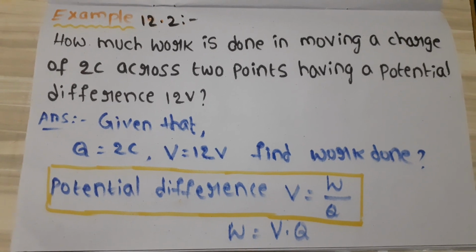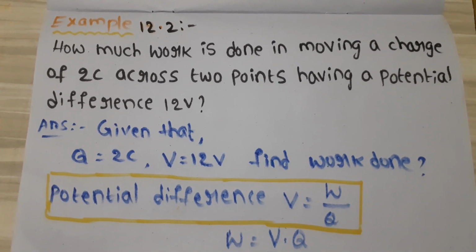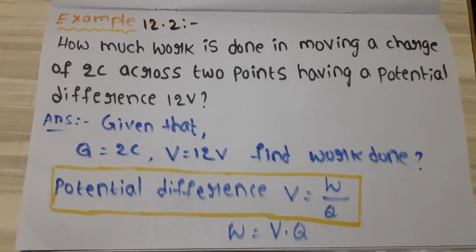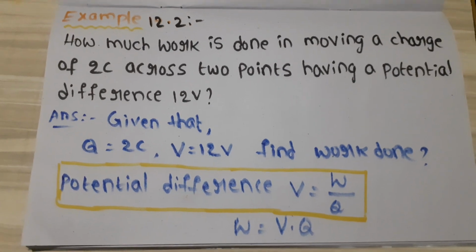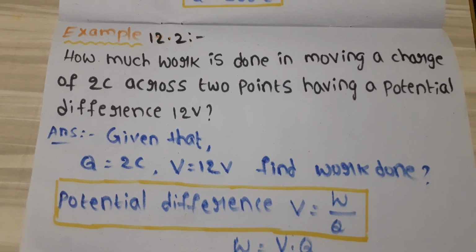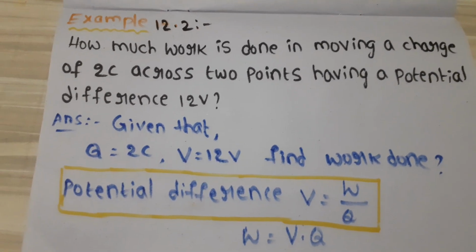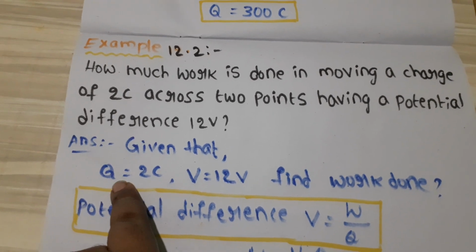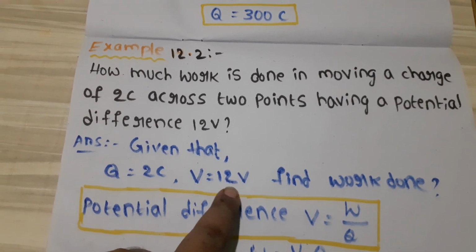Next, example 12.2. How much work is done in moving a charge of 2 coulombs across 2 points having a potential difference of 12 volts? Charge Q equal to 2 coulombs, potential difference V equal to 12 volts.